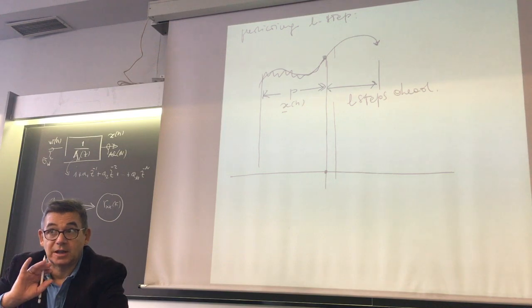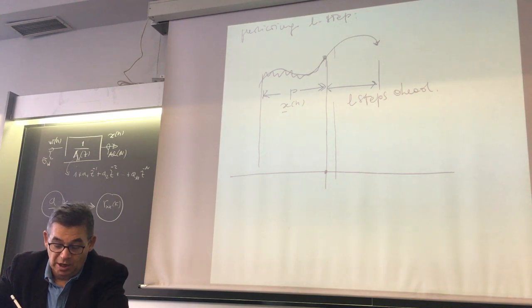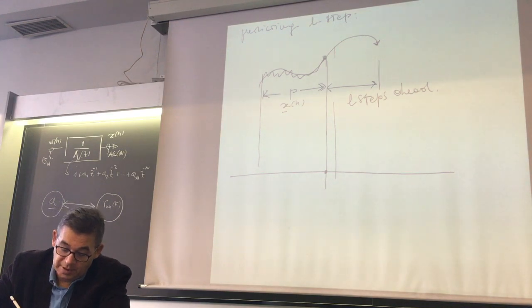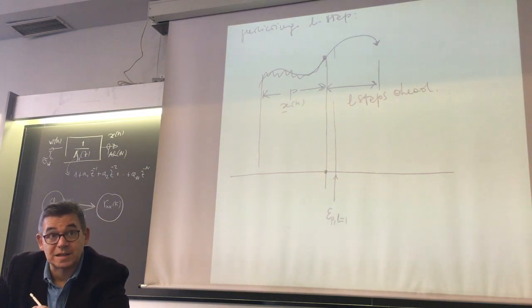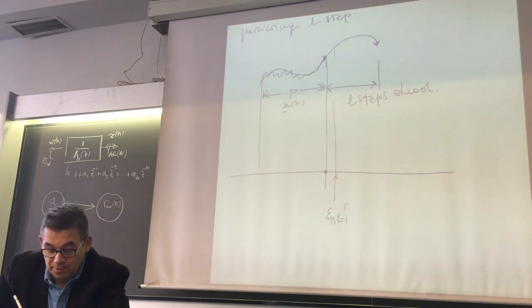But before that, listen to me. I have a certain error. This error is due to the predictor of length p with L equal to 1, so one step ahead at the sample n.